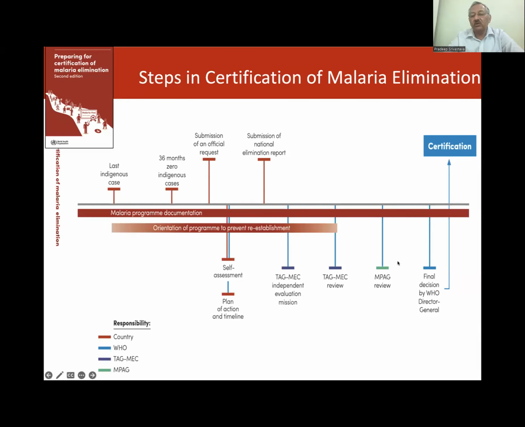This is all WHO part, and the earlier steps are all country part. Then the TAG-MEC report will be submitted. They will do the review, and then the MPAC, Malaria Policy Advisory Group, will see their recommendation and review. Then they will submit to the DG, and the final decision will come. Then the country will be certified for malaria elimination.